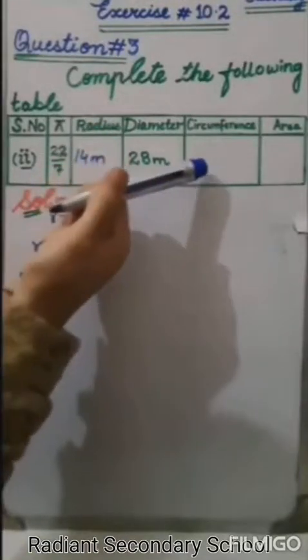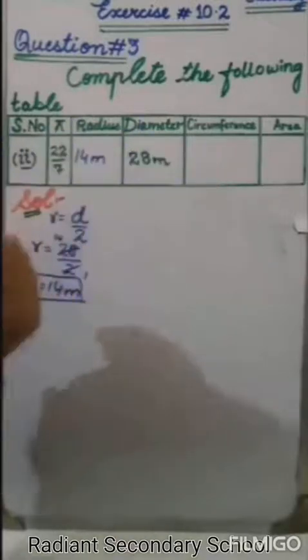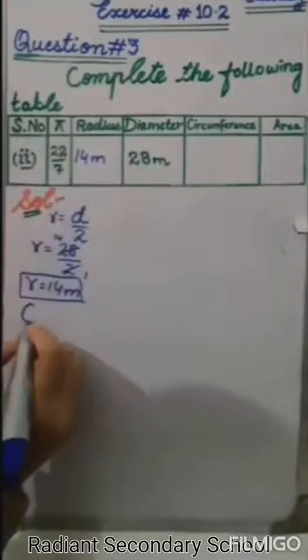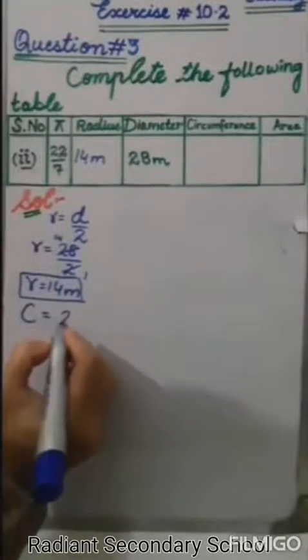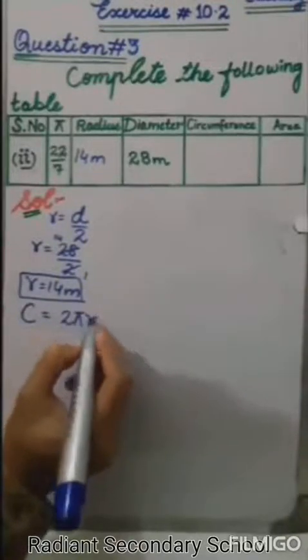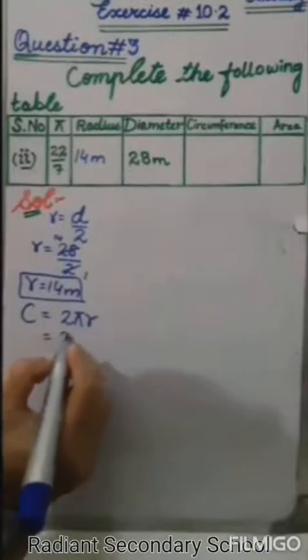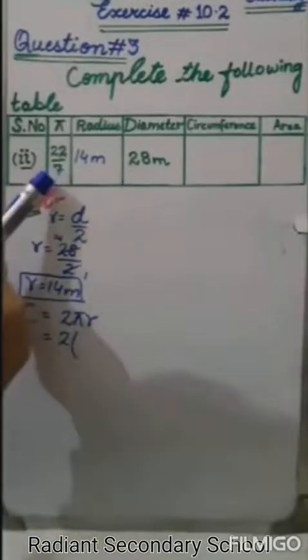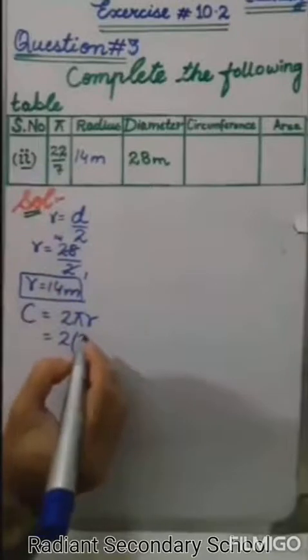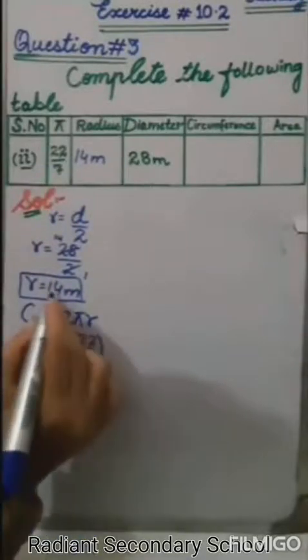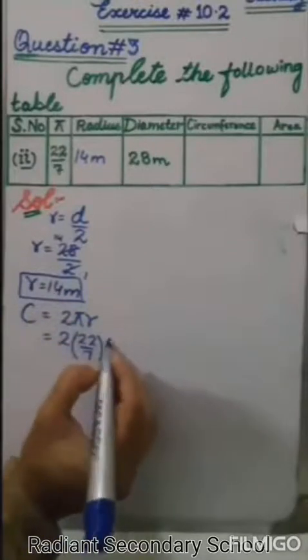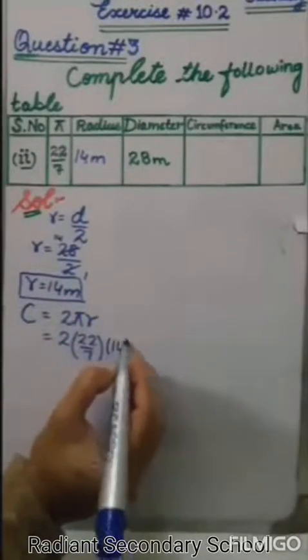Now come on circumference. We have to find circumference. Write the formula of circumference. Circumference is equal to 2 pi r. Now put the values here. 2, value of pi given in the question, 22 by 7, r. We have found r, so you have to put r here, 14.